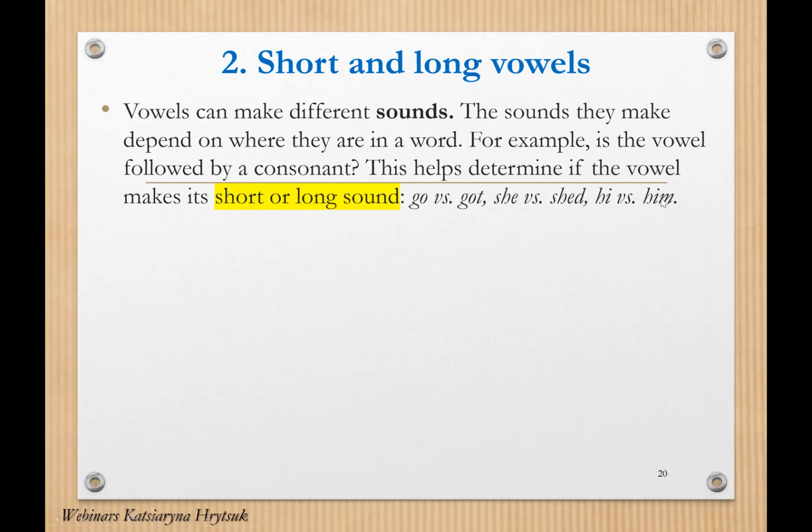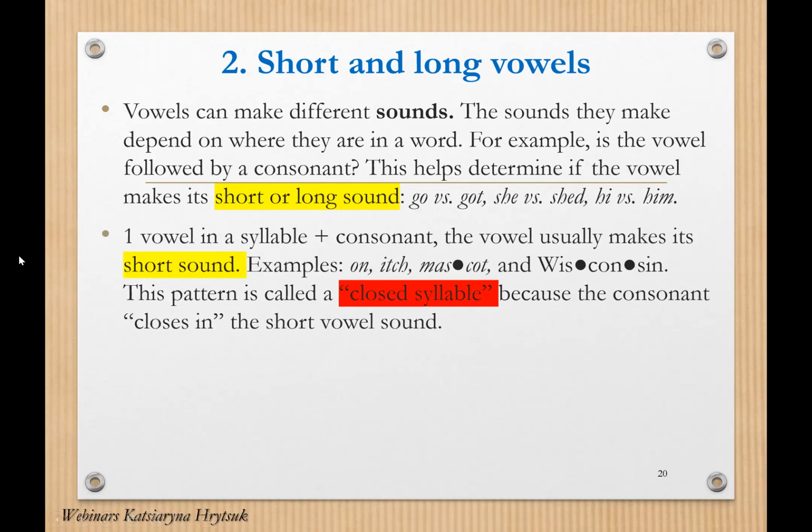Easy. So one vowel in a syllable plus a consonant makes a short sound, and this short sound makes a closed syllable. That is, on, each, mascot, Wisconsin. This pattern is a closed syllable. Let me repeat again: the consonant closes in a short vowel sound.